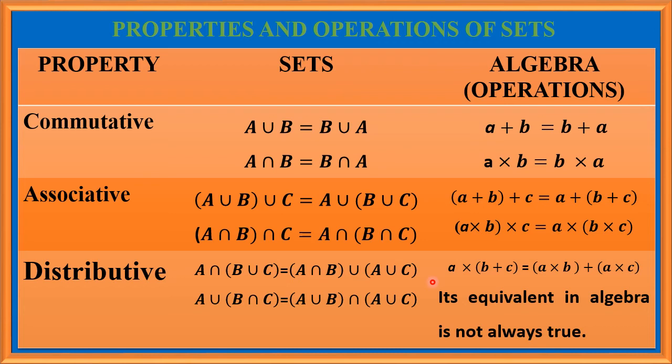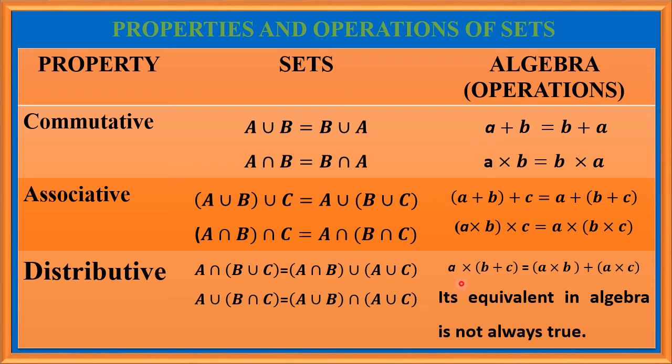Simply expand the bracket. Or when we have the union first, so we have A union B intersection C, we can have A union B, intersection A union C, then we have that.